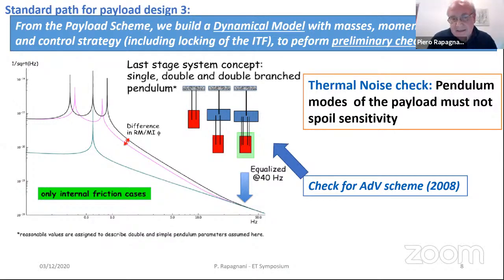This is the standard check that we do, and this is, for instance, an example that we have studied during the Advanced Virgo design. And it is essential, besides what the cryogenics require, let's say, because the thermal noise is the most important feature that we must present.